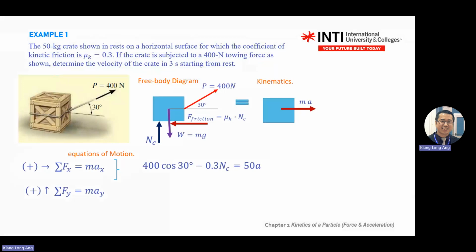Find your answer in the next equation from the Y direction: 400 sin 30 minus 50 times 9.81 plus N equals 0. The second equation gives you one unknown, which is N. Once you find N, you substitute back here and you are able to find A.